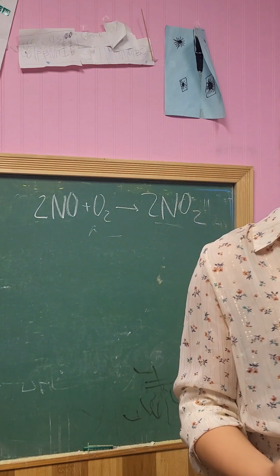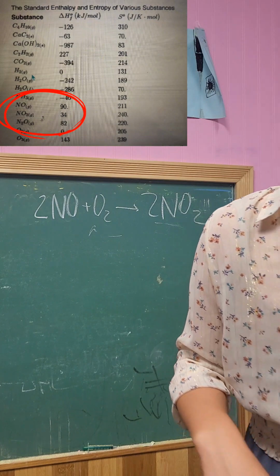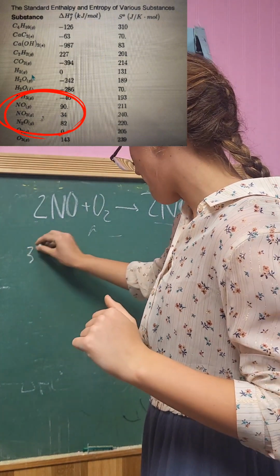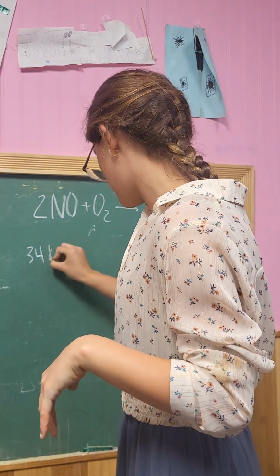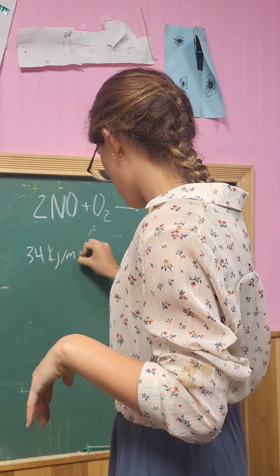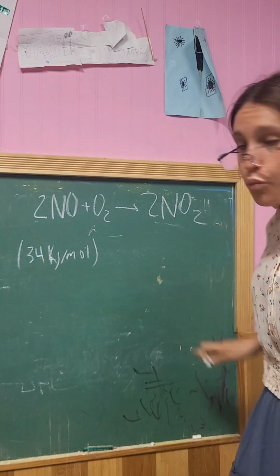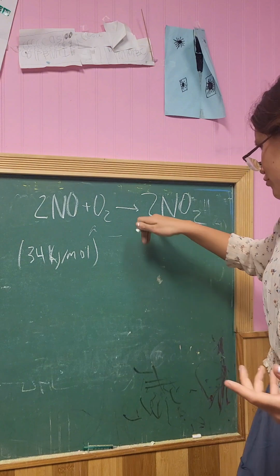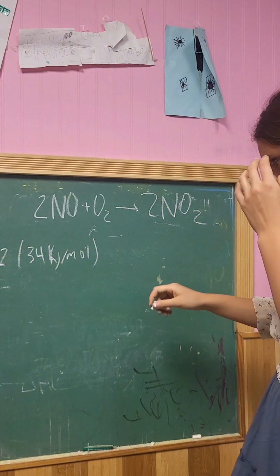Looking at our chart, NO2 is 34 kilojoules per mole. However, that is only for 1 mole. We have 2. So our coefficient is 2, so we're multiplying the whole thing by 2.